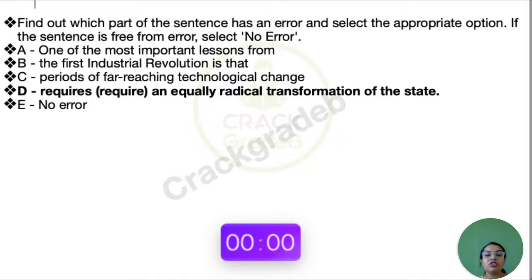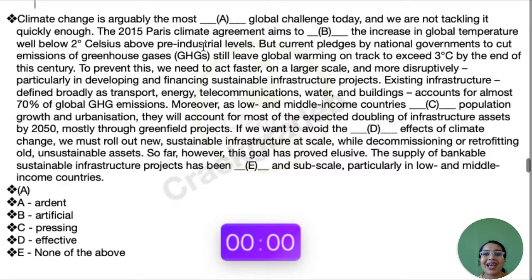So now we are going to do cloze test, which is a paragraph with blanks. We are going to do all 5 blanks together and then I will explain. Take some time to give it a rough reading as well, because it's very important for you to understand the context and then select answer from all the options given to you. After all 5 blanks, I'll explain why a particular answer is the right answer.